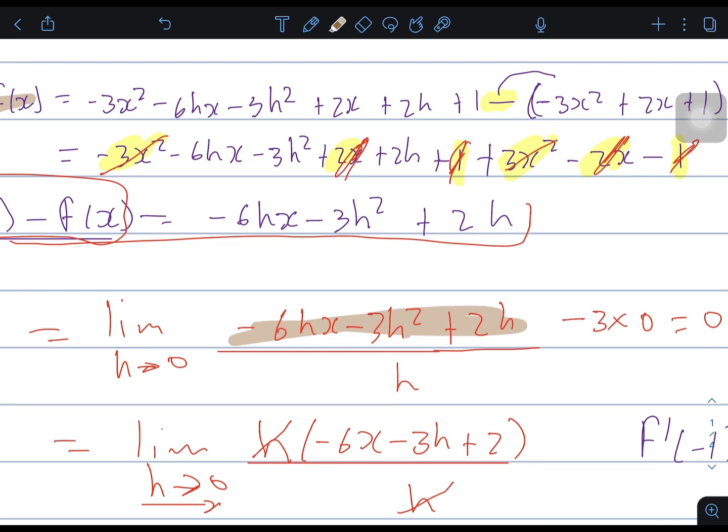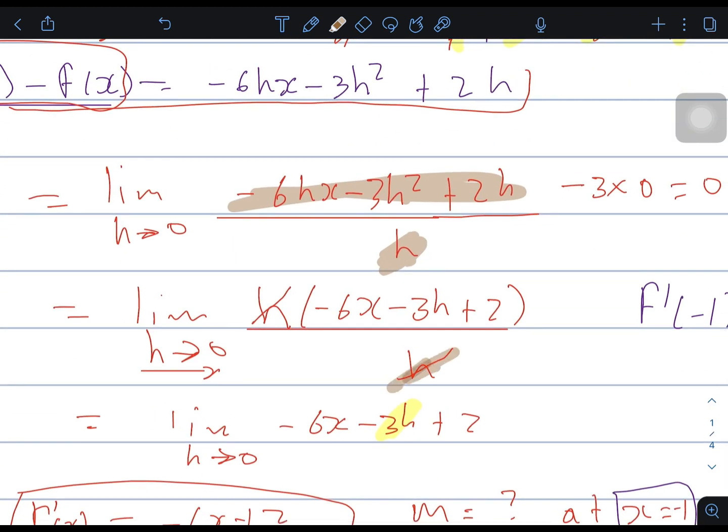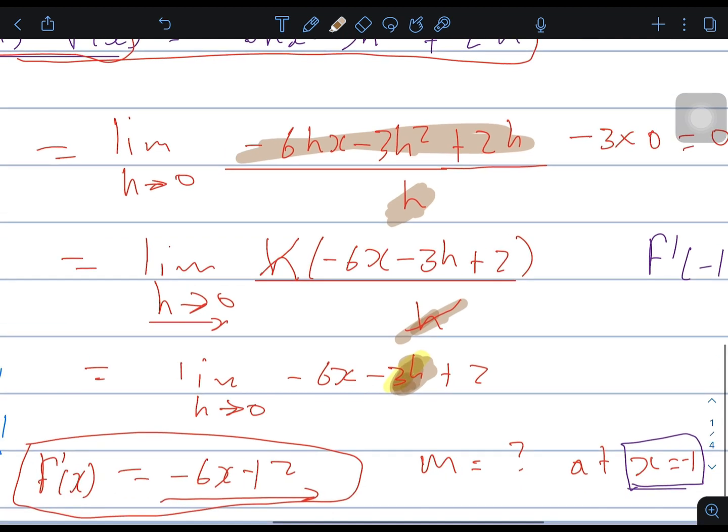We see that our common factor is h, which cancels the h in the denominator, then we can now remove the limit as h approaches 0, because this term with h will become 0, so it cancels, and we remain with minus 6x plus 2.